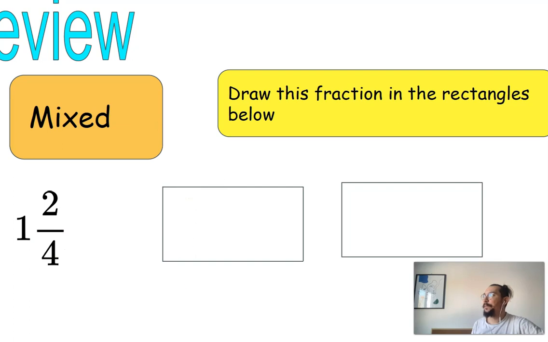Again, you have to represent this mixed fraction into these rectangles. So, how many times do I need to slice the rectangle? How many do I need to color them? Do I need to color all the slices here and just 3 or 4 or 5 here? That is something that we should know.